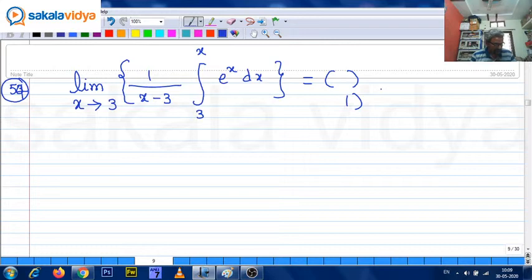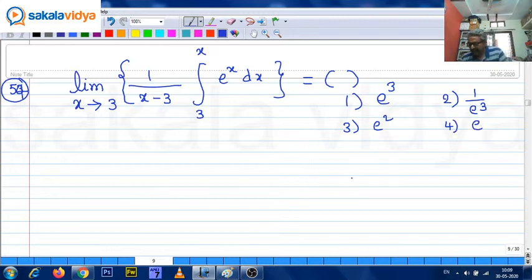First option is e cube, second option is 1 by e cube, third option e square, fourth option e.